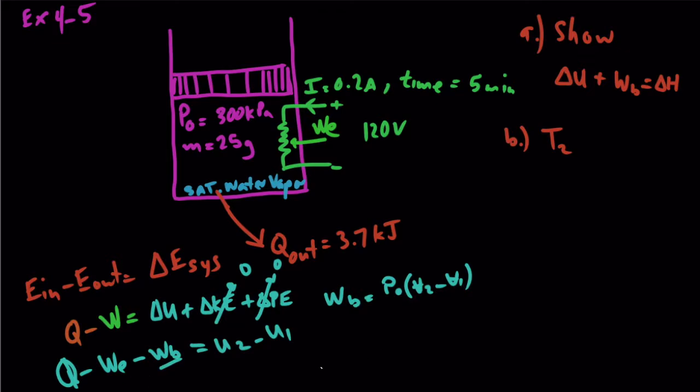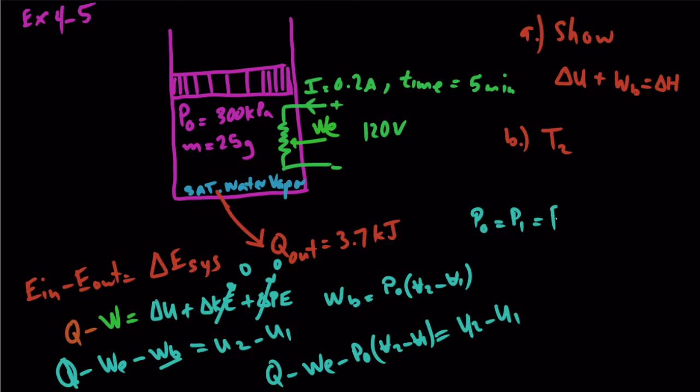Now we can write that Q minus work electric minus P naught times V2 minus V1 is equal to U2 minus U1. Now, you remember what we said about P? P naught is equal to P1, which is equal to P2.